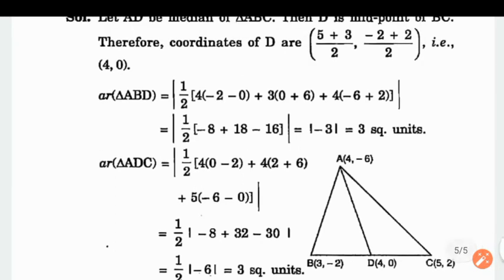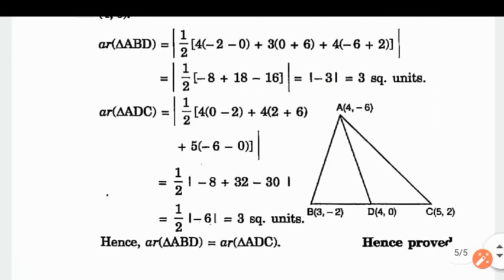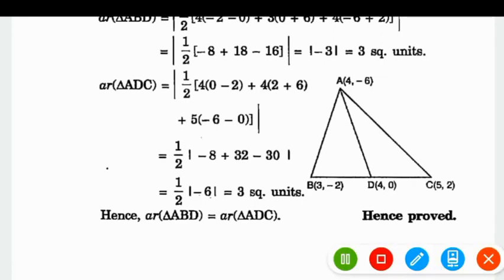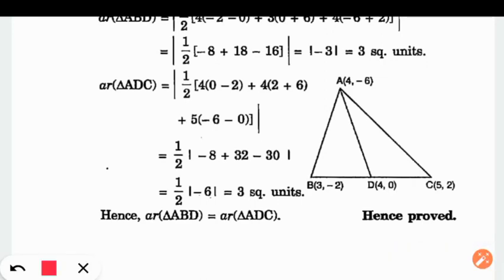Within the bracket we got minus 3, within the mod, so it should be 3 numerically, 3 square units. Similarly, the area of the second triangle turns out as minus 6 divided by 2, that is minus 3 again, so it will become plus 3. So see, both the areas of the triangles are the same, right?